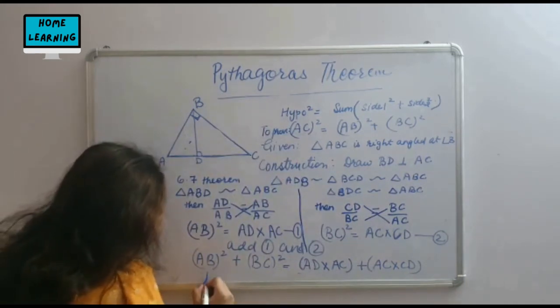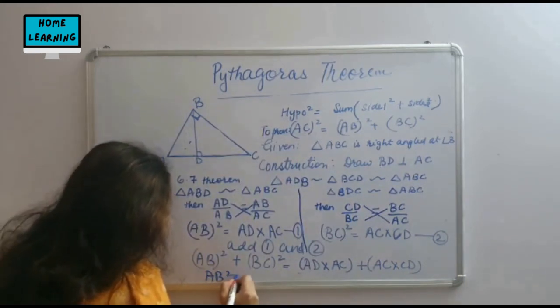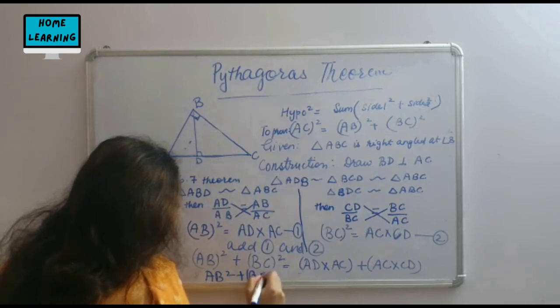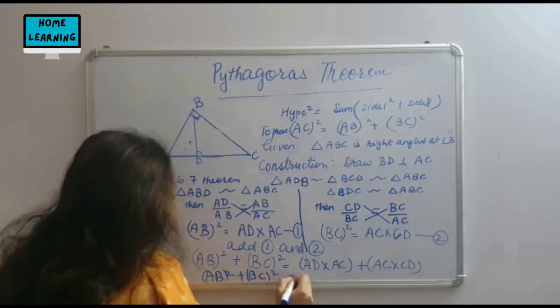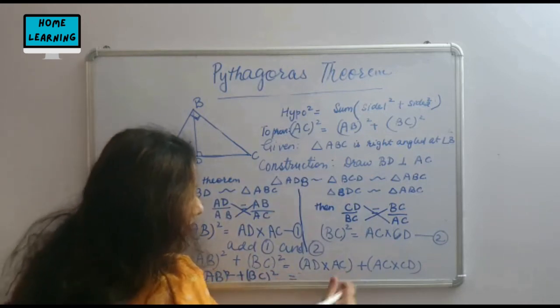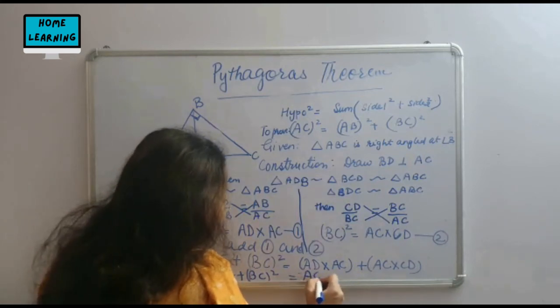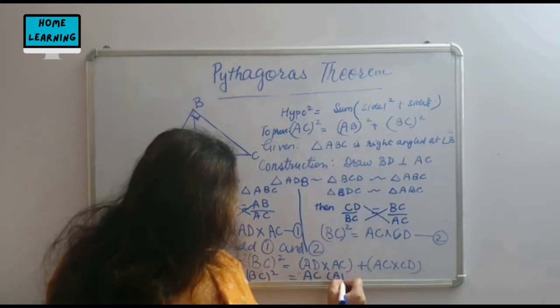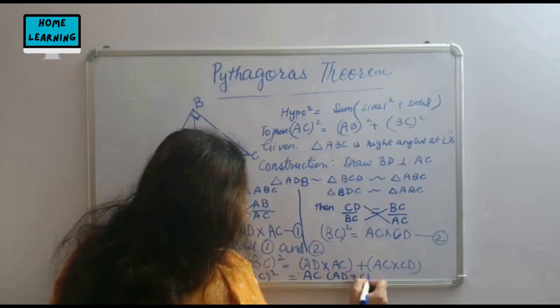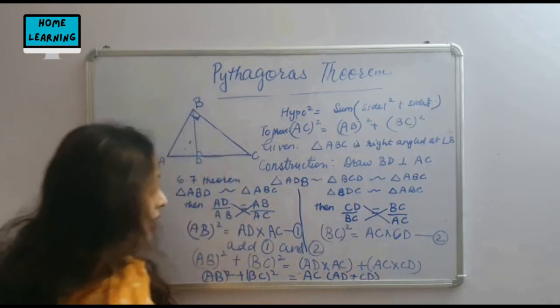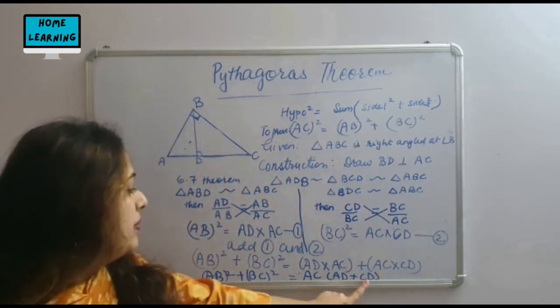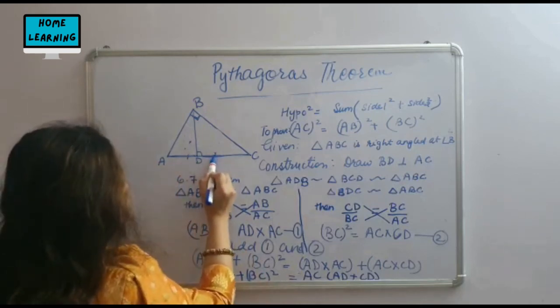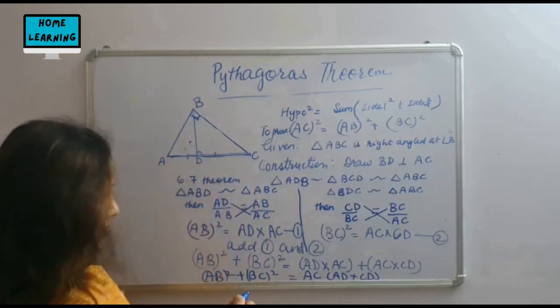Now AB square plus BC square is equal to, we will take AC common from here, multiplied by AD plus CD. As you can see, AD plus CD forms AC.